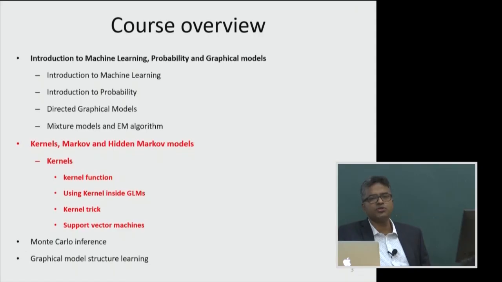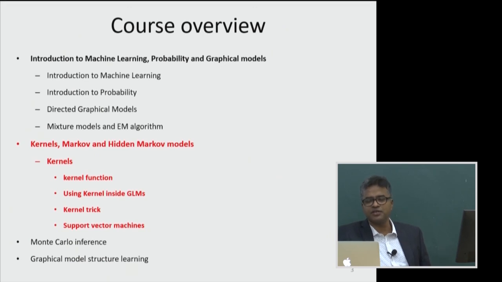These objects also need to be represented in order to be used for machine learning modeling. For that, we introduced kernel functions. In a very non-technical sense, kernels are nothing but something which transforms.